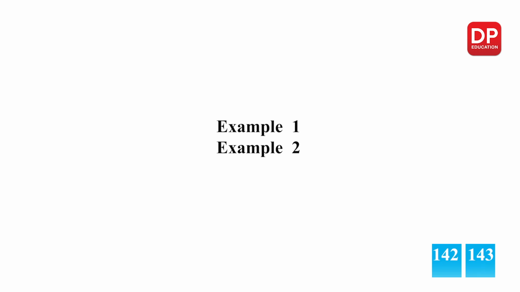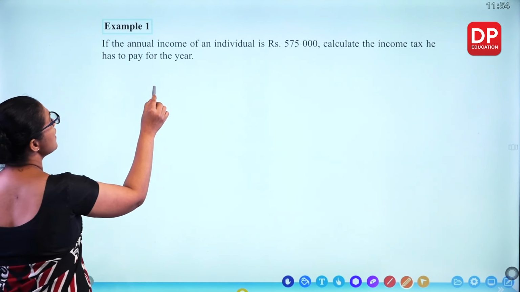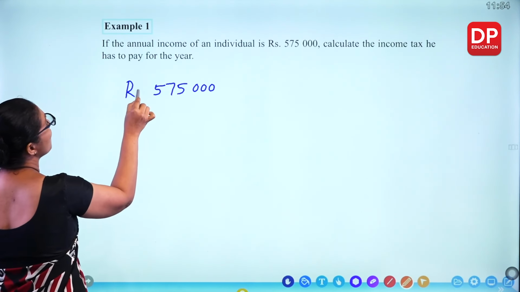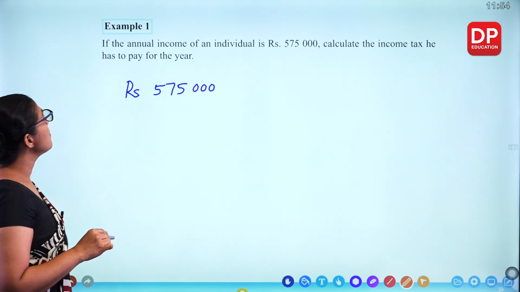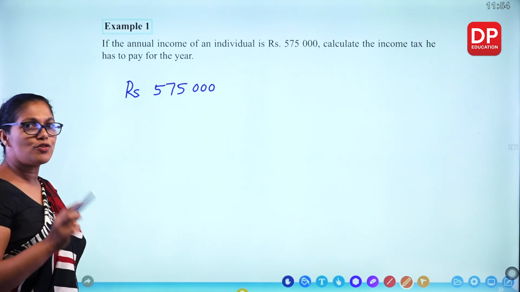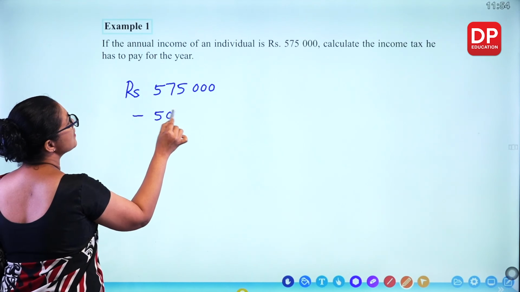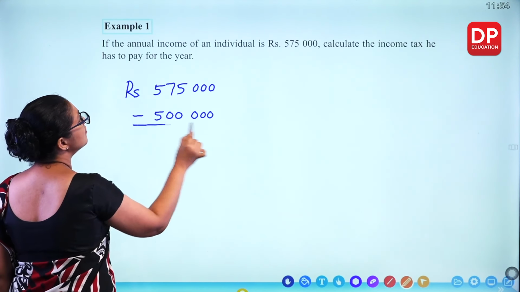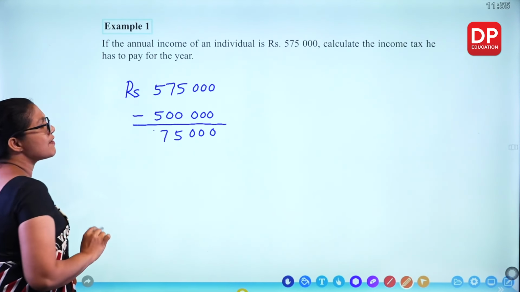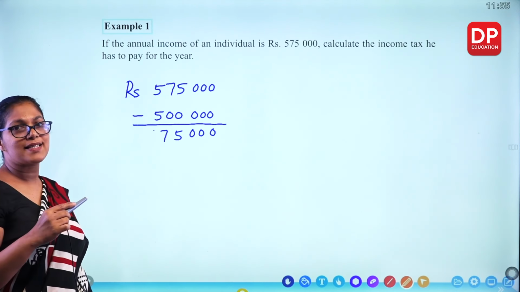We'll take example number 1. The annual income of an individual is 575,000. Calculate the income tax he has to pay for the year. Now, the first 500,000 you don't have to pay, so you subtract 500,000 from that. What's remaining? You get 75,000. For 75,000, you have to pay 4% tax.